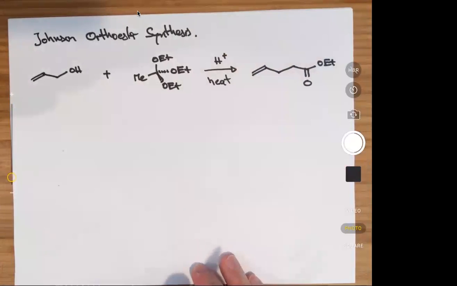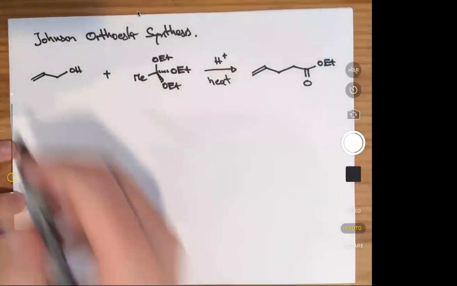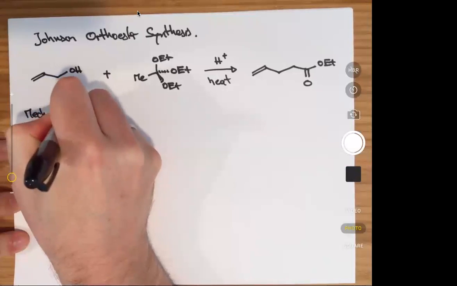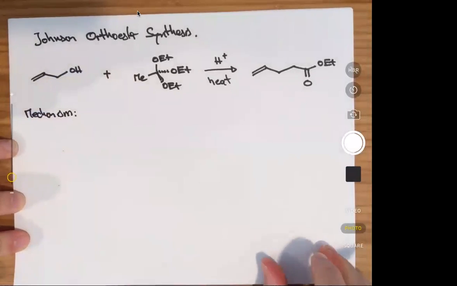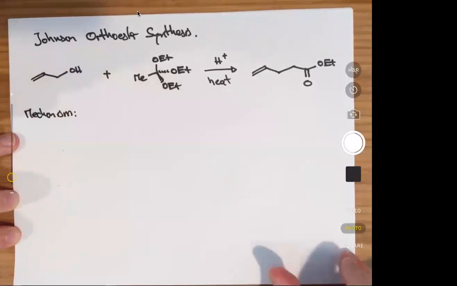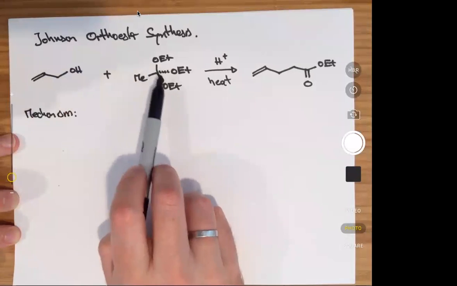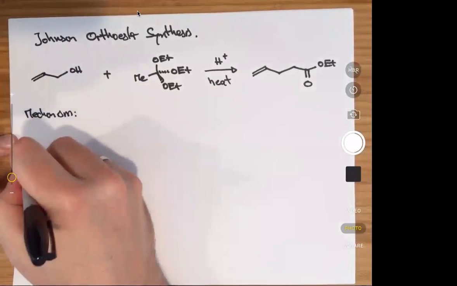So we're going to go through the mechanism in a lot more detail just to clarify how this works, and where essentially the 3,3 sigmatropic rearrangement occurs. Now, the first step of this reaction obviously is the activation of this orthoester by the acid. So we can quickly draw this out.